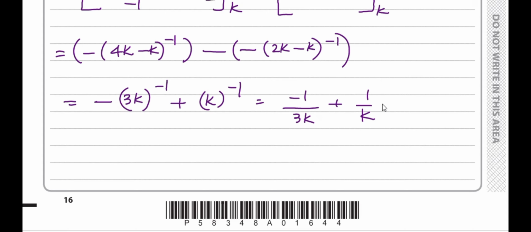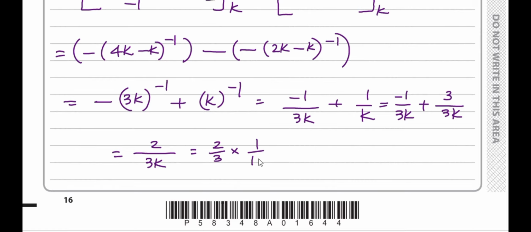This is equal to minus 1 over 3k plus 1 over k. Okay, so now let's make the same denominator for both. So minus 1 over 3k plus, multiply this by 3 and divide also by 3. So we get 3 over 3k. So this will be 3 minus 1, 2 over 3k. So what does this mean? This is actually 2/3 times 1 over k.